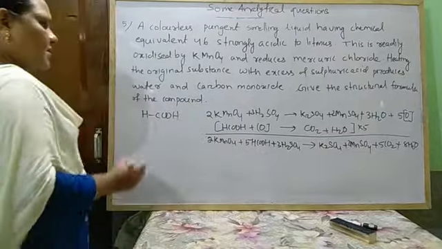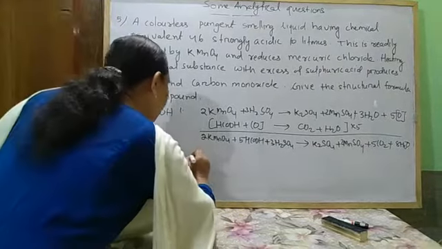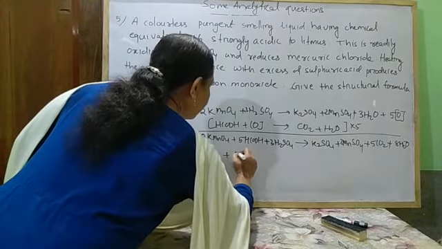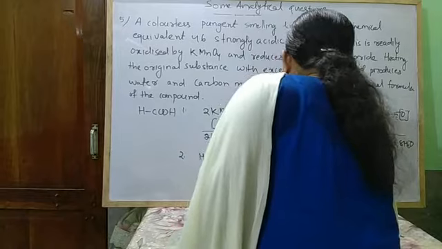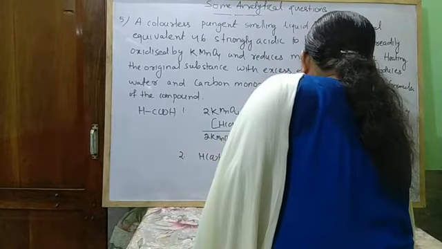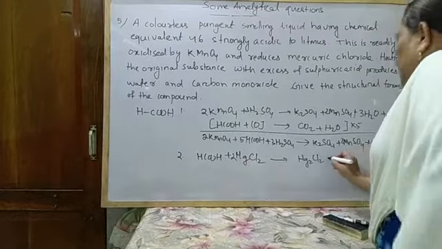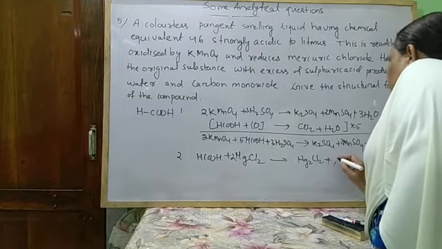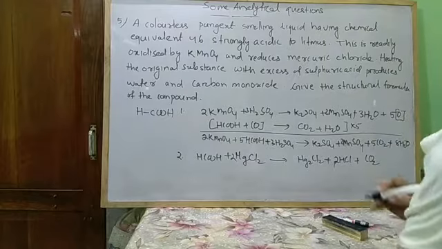Next, it reduces mercuric chloride. Formic acid with HgCl2 gives rise to mercurous chloride plus carbon dioxide.